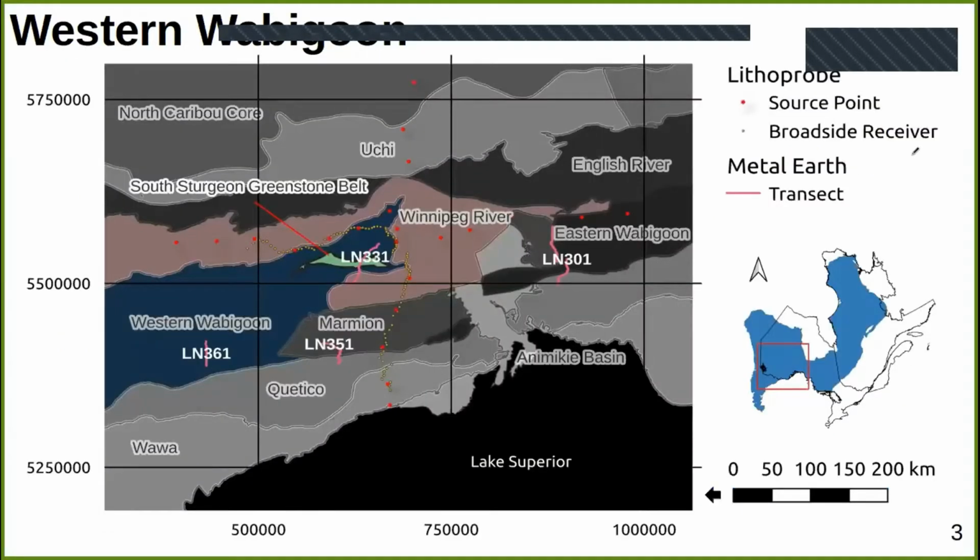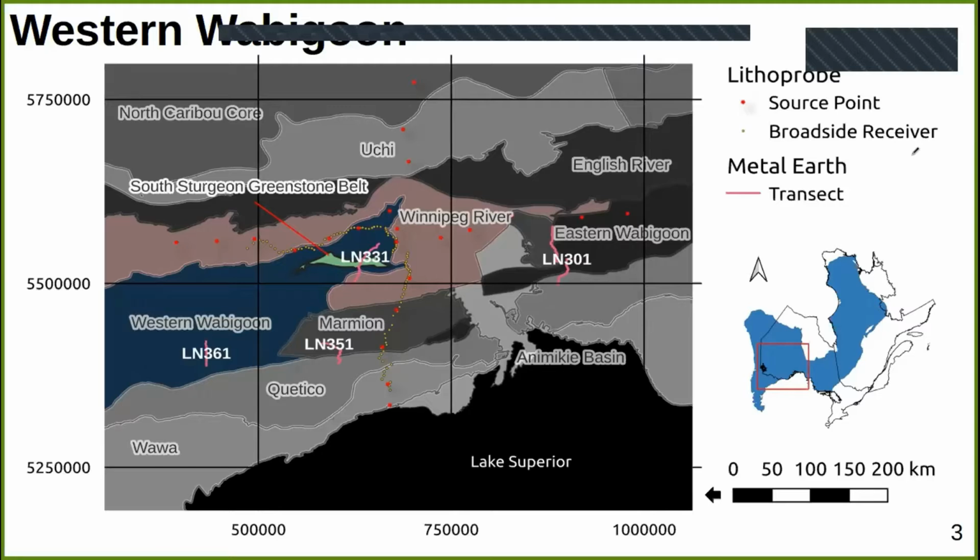So the Sturgeon Greenstone Belt is located in the Western Wabigoon area, and the Western Wabigoon is located in the Western Superior Province, and also this area is along the western border of Ontario. And on this map, I'm just showing the various transects that fall within this area.